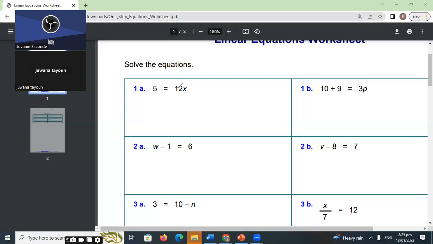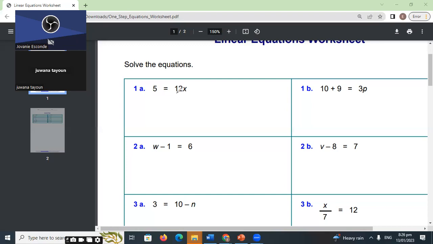So actually, since the operation here is 12 times x, multiplication, always remember, you have to take the opposite operation. You have to use the opposite operation to remove a number. Since this is 12 times x, what is the opposite operation of multiplication?